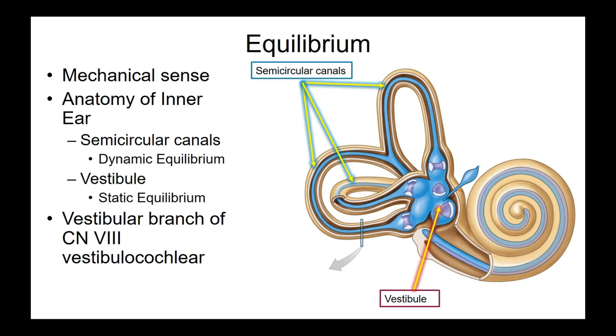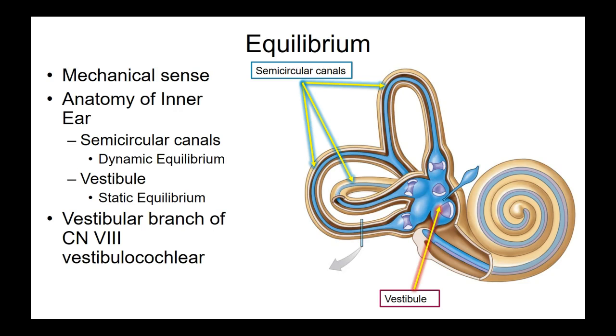When you go up and down in an elevator, that's linear. That's being detected in the vestibules. Even if you didn't move your head, when you sat down, that change in height was being detected by the vestibules of the inner ear, which are involved with this linear detection of equilibrium.